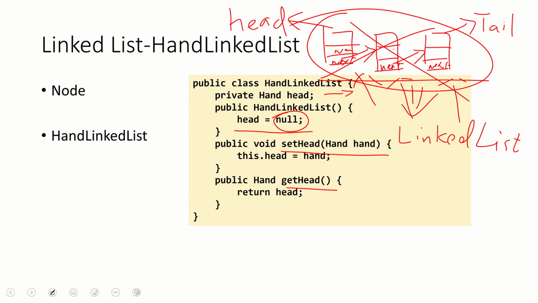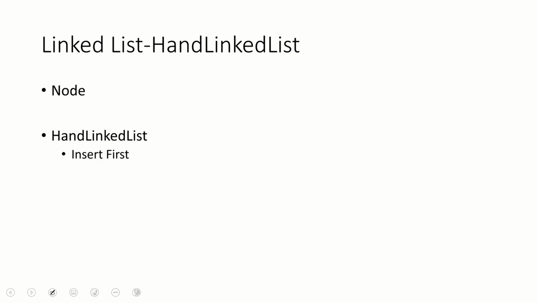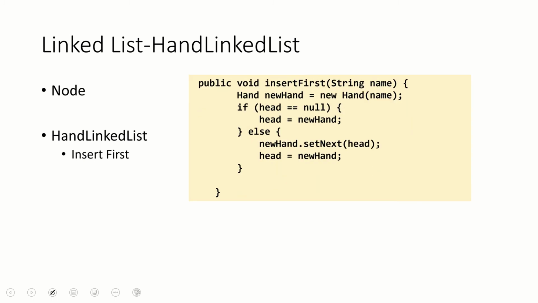Okay, once you initialize this, let's see how to write the method insert first. As we said, for insert first, there are two conditions. One condition, we want to make sure, is there any head available? In other words, is there anything in the linked list?